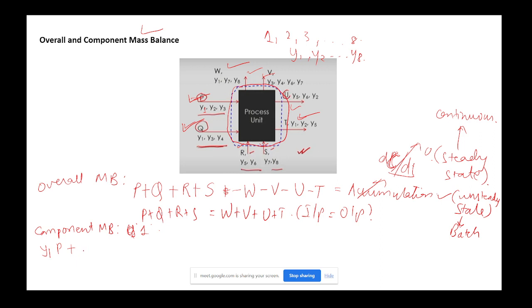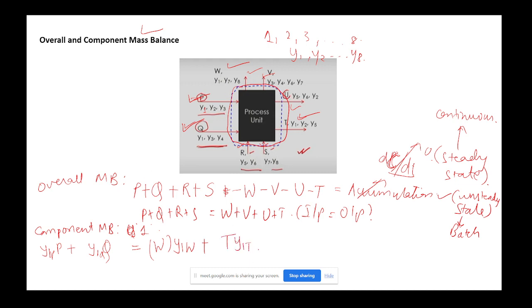Now in Q, the amount is y1 into Q, this will be like this because the mole fractions can be different in different streams, equals to output, since W is output, W into y1 in W plus T into y1 in T.